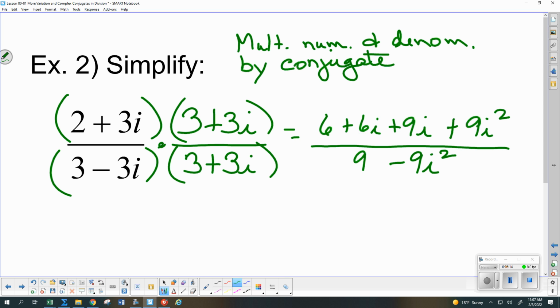So everybody good with that much for the denominator so far? Because we know when we multiply with conjugates, the O's and the I's cancel out, so we just have to worry about the first and the last. Both of those i squares are how much? So that one is really a -9, and this one really becomes a +9.